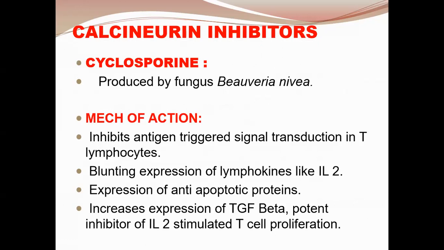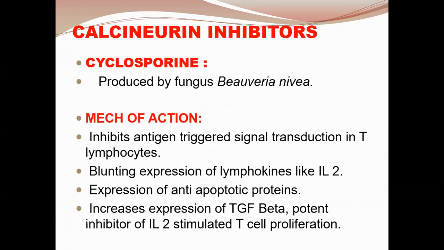Now, we talk about calcineurin inhibitors. So what are these calcineurin inhibitors? The calcineurin inhibitors are nothing but cyclosporin. Cyclosporin is produced by a fungus, Beauveria nivea. And the mechanism of action of cyclosporin is that it acts by inhibiting the antigen-triggered signal transduction in the T lymphocytes.